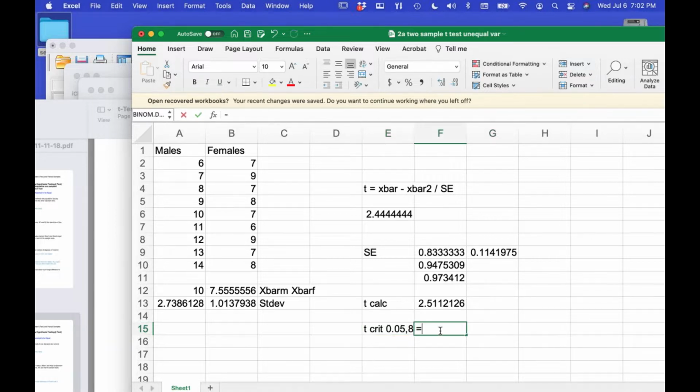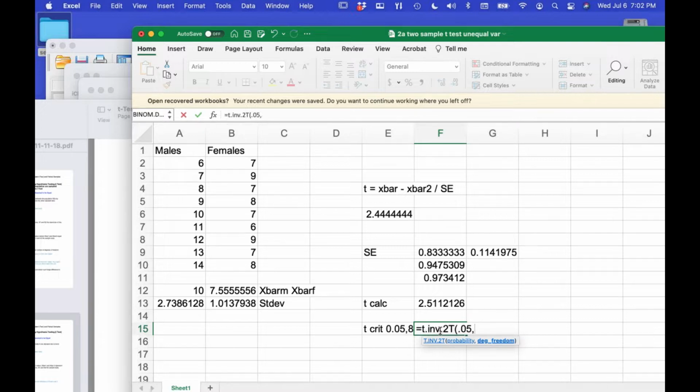That value is going to be equal to t dot inverse dot 2t, I think. And now I am going to put in the probability 0.05 and tell it that I'm working with a degrees of freedom of 8.